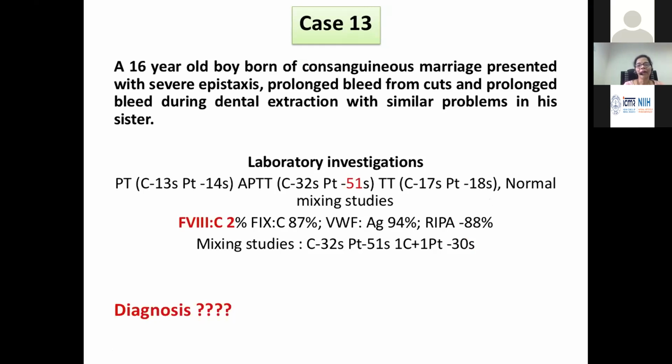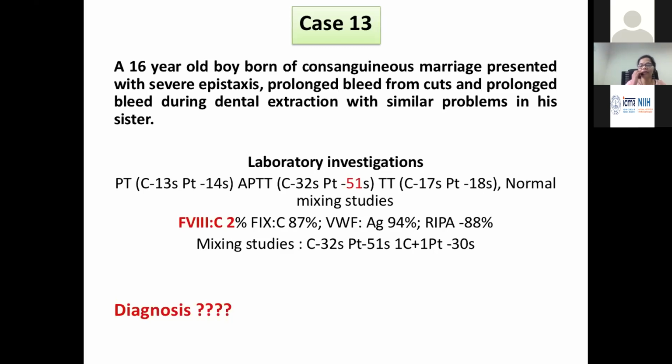Consanguinity, family history, both sexes affected, and a definitive bleeding history in the index case. PT normal, APTT is prolonged, thrombin time normal. So you go ahead with factor 8; factor 9 is normal, VWF is normal, RIPA, everything is normal. So it's only factor 8 that is the abnormal value here. So is it a moderate hemophilia A?